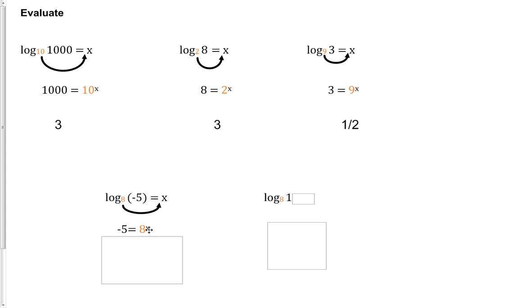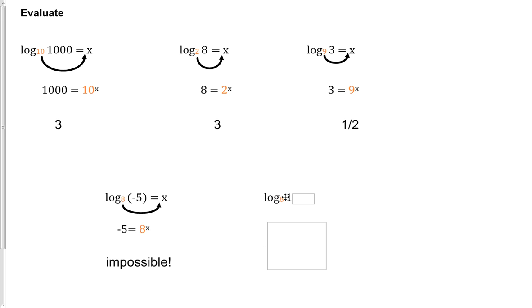No matter how big or how small you choose x, it will never go below 0. The exponential term is always positive. Therefore, this is actually just a trick question. It's impossible. You can't do it. So whenever you see some constant to the x power equal to a negative, you know that it's not going to work.